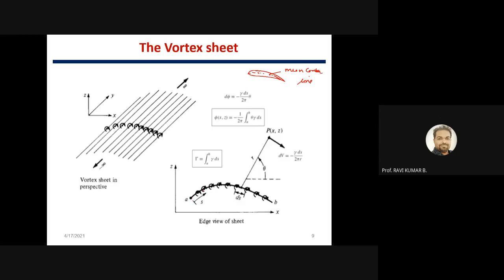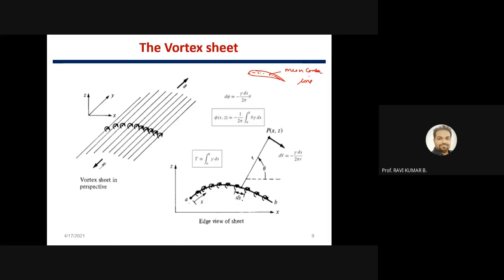This is the leading edge and this is the trailing edge. This is the first vortex, then the second, and so on. You can put a number of vortices along the mean camber line between A and B. Here s is any distance along the mean camber line. So consider an elementary distance.